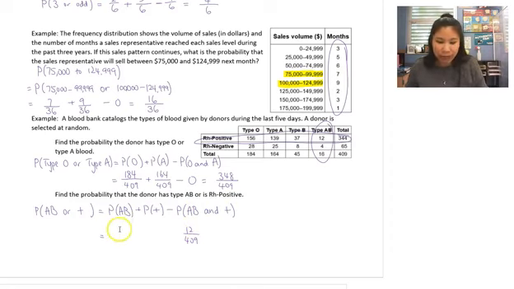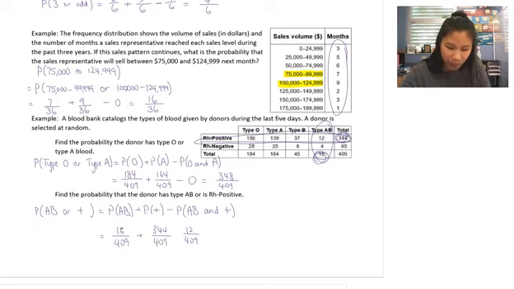All the people who are type AB is the 16 people right here, the total for the ABs. And then the total of the positives was the 344 out of the 409. Then we subtract the 12 over 409 for the people who are both. When I do that, I end up with, oh, that's awkward, 348 again.